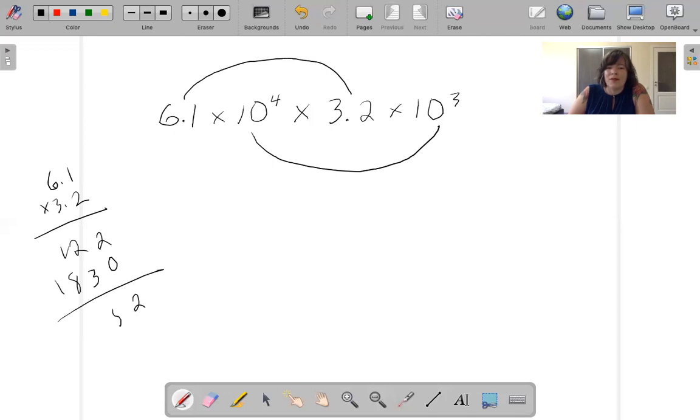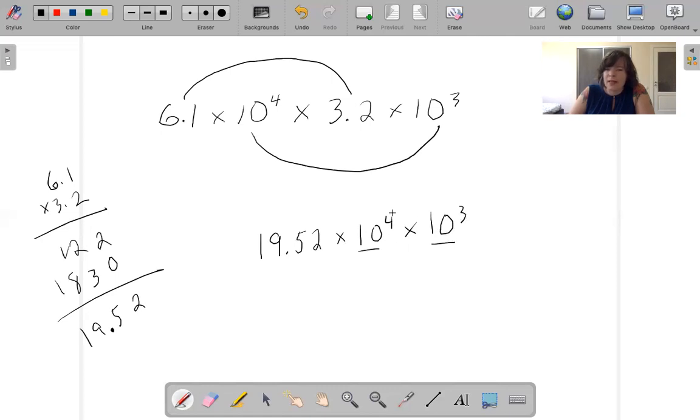2, 5, 9, 1. I count how many numbers are behind my decimal in the problem, and I put that many numbers behind the decimal in my answer. So I've got 19.52 times 10 to the 4th times 10 cubed.